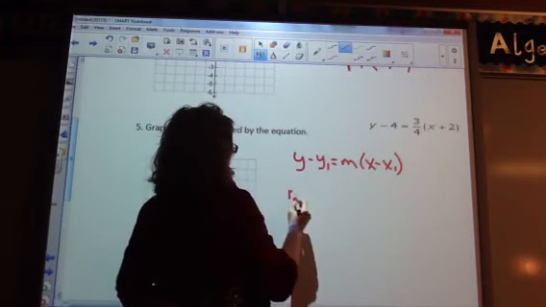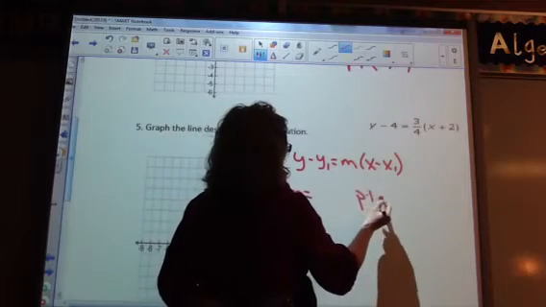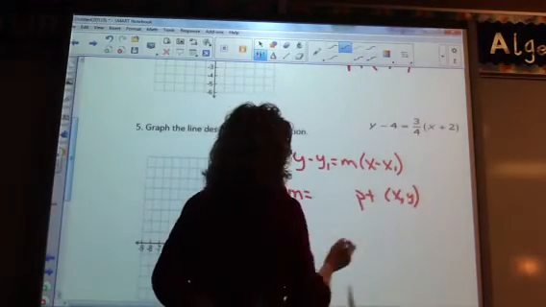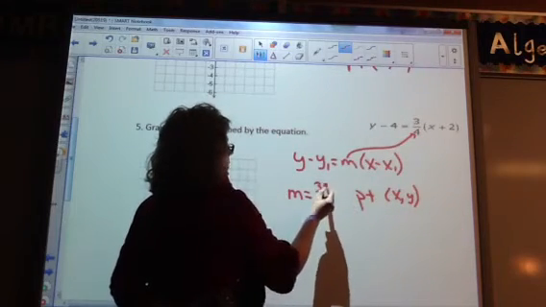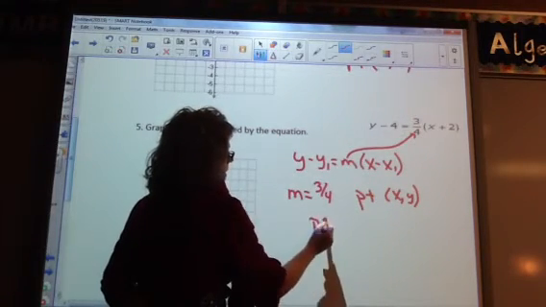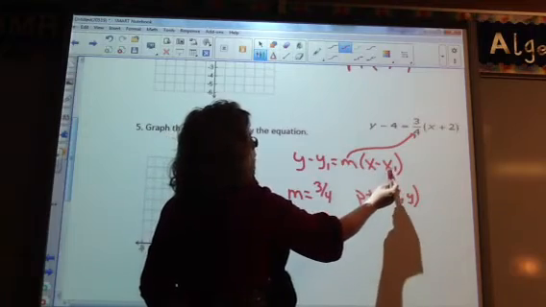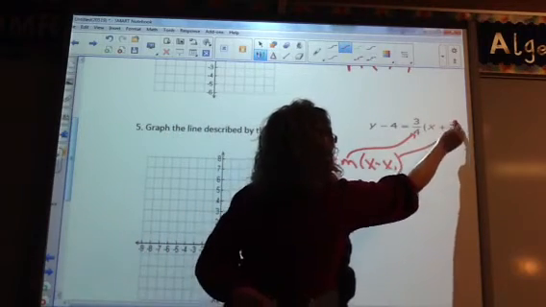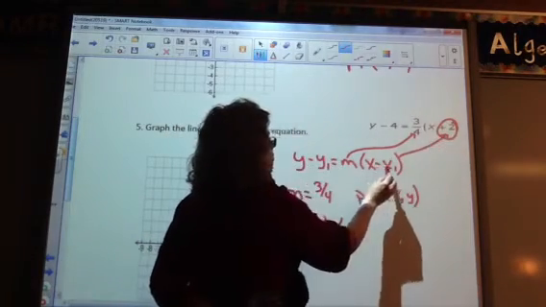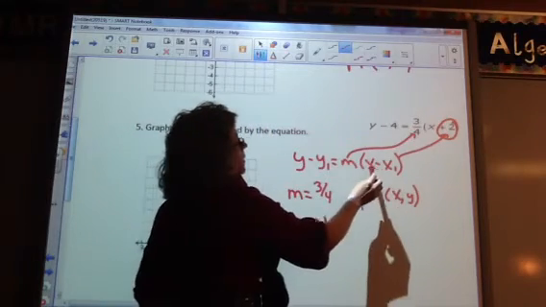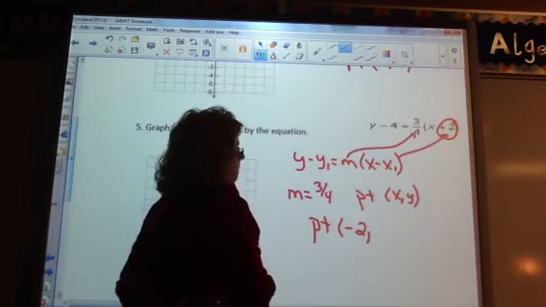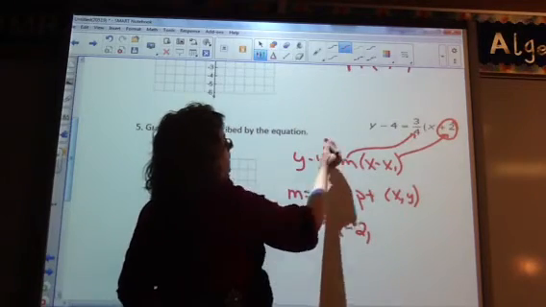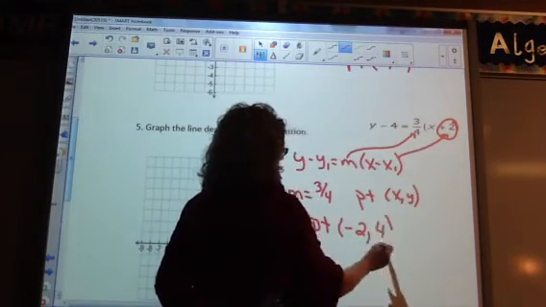Okay, so I need my slope and I need that point. My slope is 3/4, and then my point, well, my x value, be careful here, that is a positive 2, but this is minus x. So this is saying the opposite of that positive 2, which is a negative 2, and my y is 4.